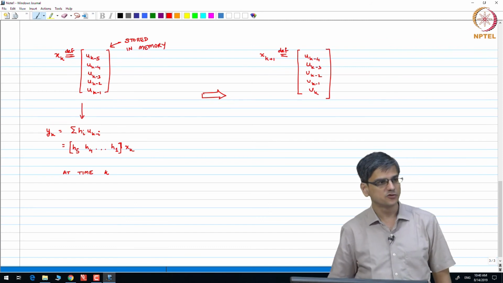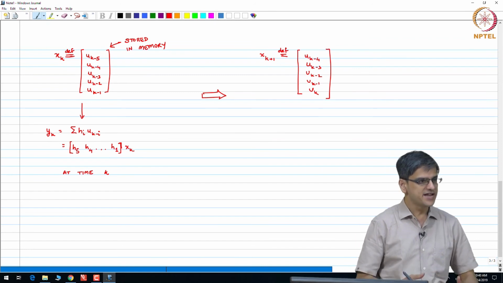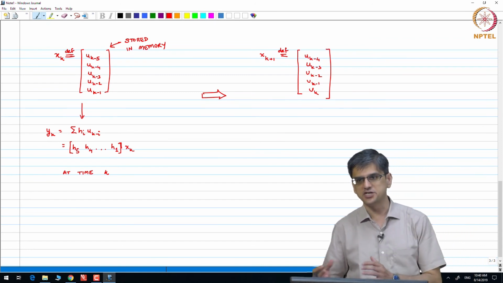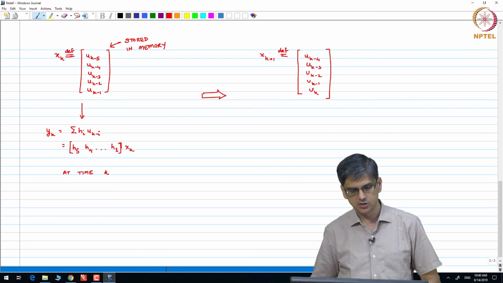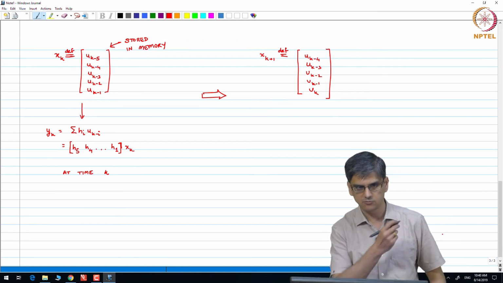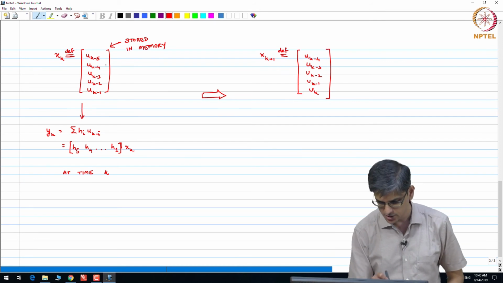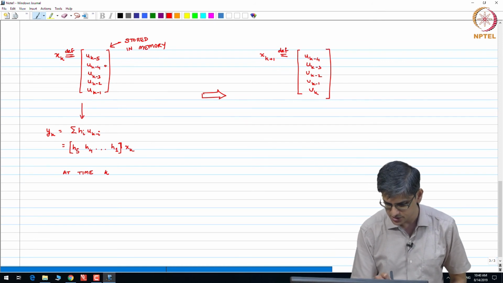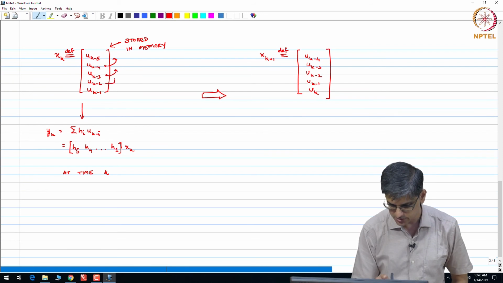To predict the future, you want to update the information that you have stored in the memory. So, how do you take this information and update it over here? Again, what I talked about, shift operation, that is this guy is shifted up, this guy is shifted up, this guy is shifted up, this guy is shifted up.